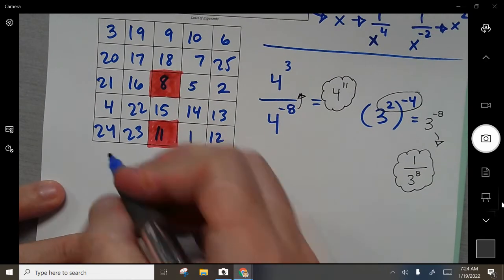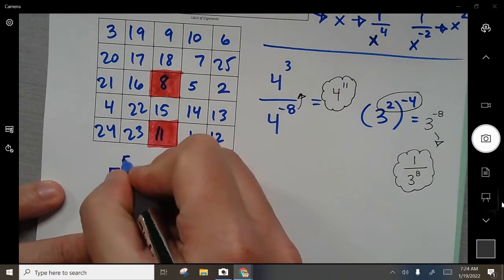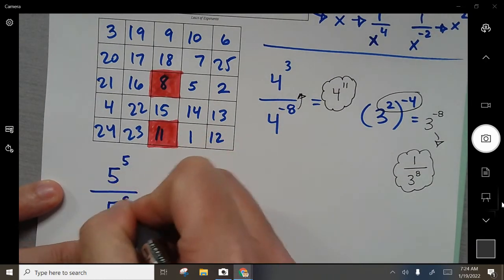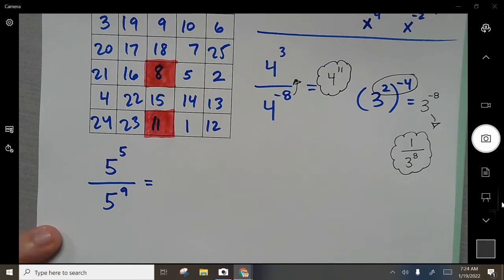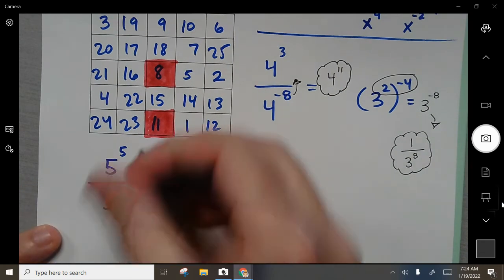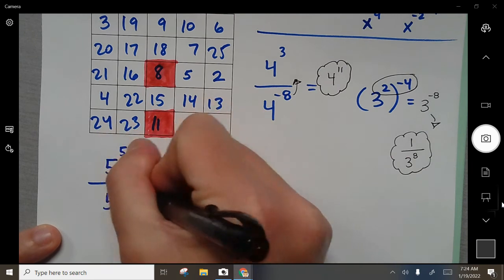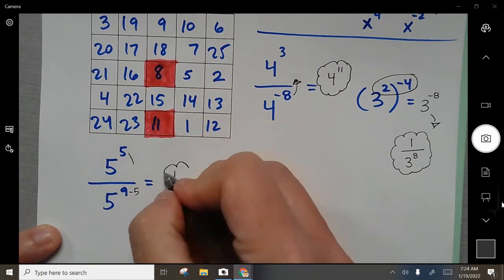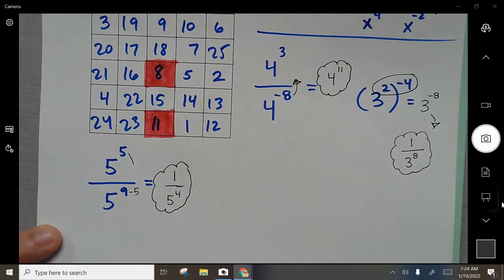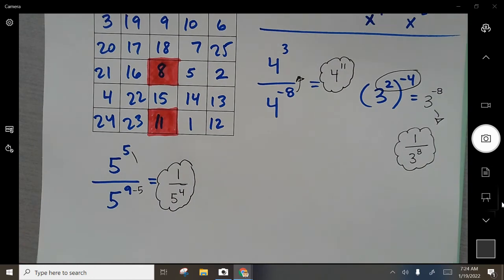All right, next one. Should be pretty simple. This is going to come down, 1 over 5 to the 4th. 4th gets crossed out.